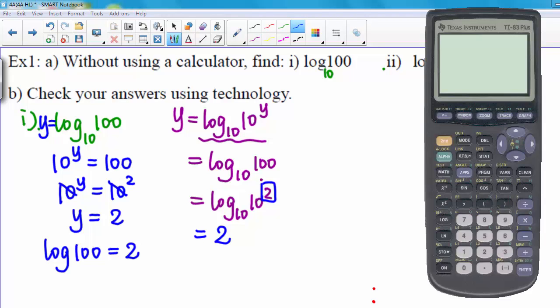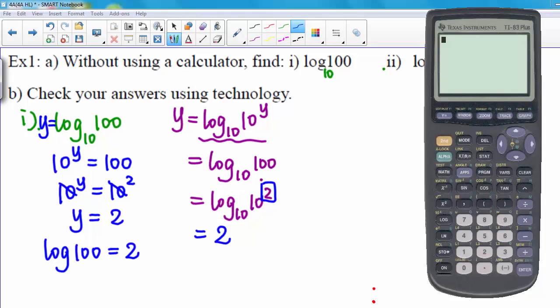Okay, so right now I want to show you how we can use the graphing calculator to find common log values. My TI-83 Plus can only help me find the common log value. But with the TI-84 Plus, you can find log values with any base. So right now, this one is a common log.